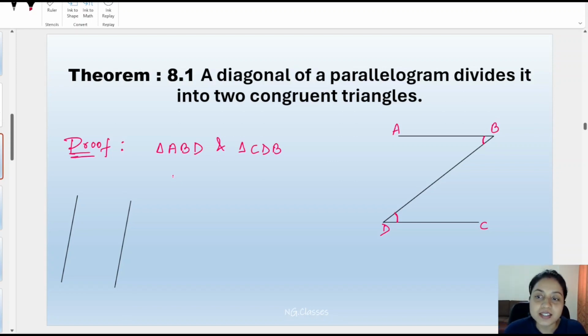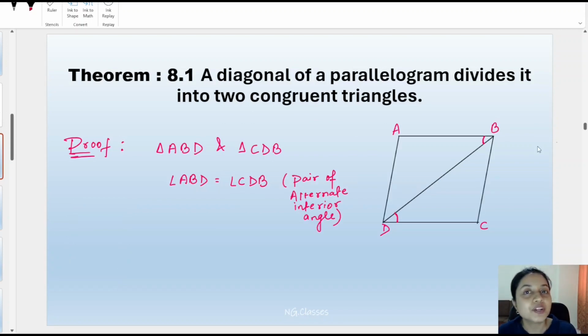So let's write it that angle ABD is equals to angle CDB. Now, if we will focus on our triangles, we can see that side BD is the common side in both the triangle. So let's write it.